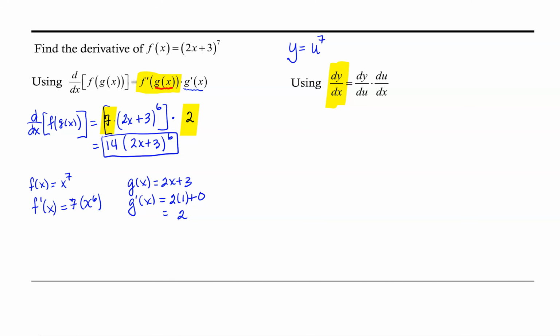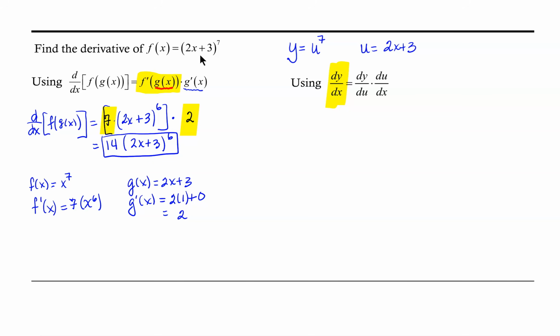So this expression of y equals u to the 7th captures the behavior of that outer function. And then we're going to let u equal the argument of that function, and in this case, that would be 2x plus 3.